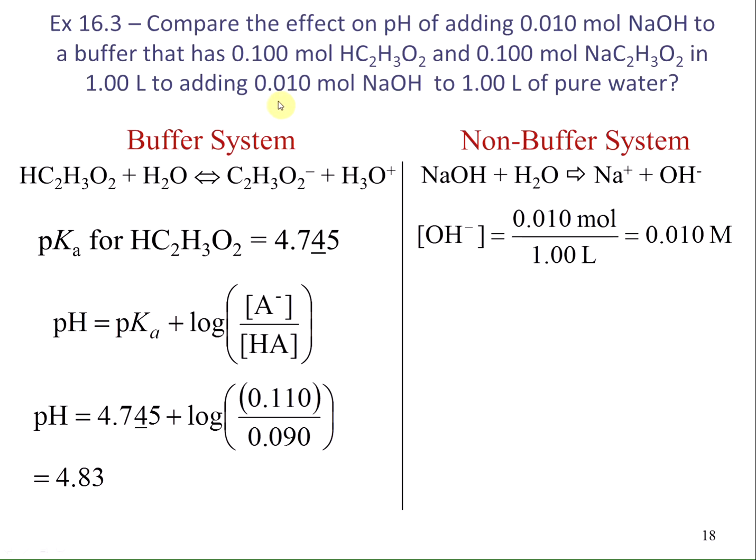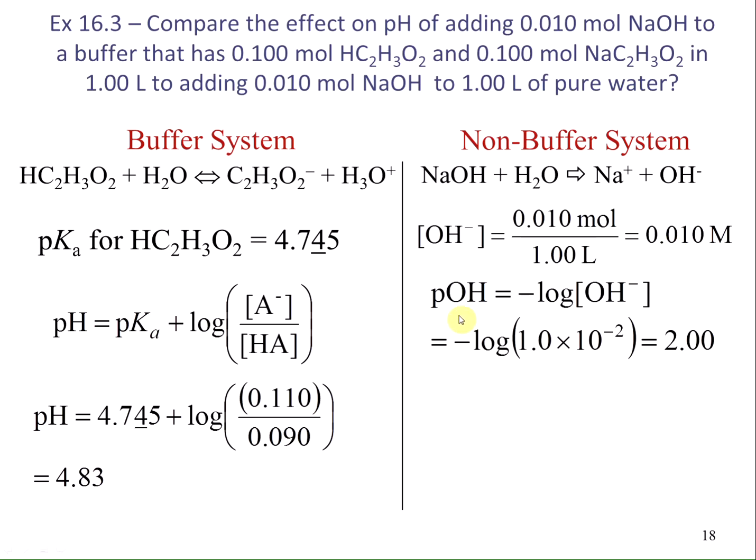So 0.01 moles of sodium hydroxide was added to 1 liter of pure water, so the molarity is 0.01 divided by 1, which gives us 0.01. Then I can find the pOH by taking the negative log of the hydroxide concentration, which is that 0.01 we found earlier. If we take the negative log of that number, we get a value of 2.